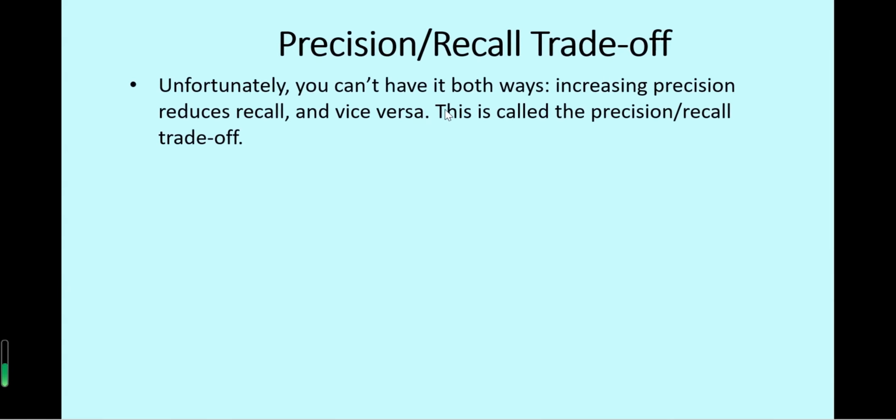So you cannot have it both ways. For both precision and recall, higher is better, right? But usually we cannot get both. Increasing the precision usually reduces the recall, and vice versa. This is called the precision and recall trade-off.